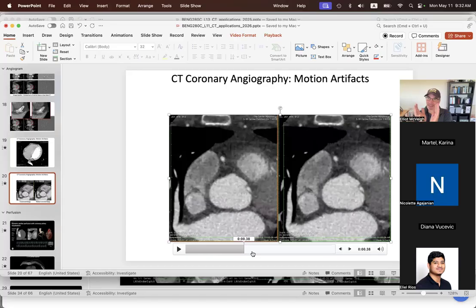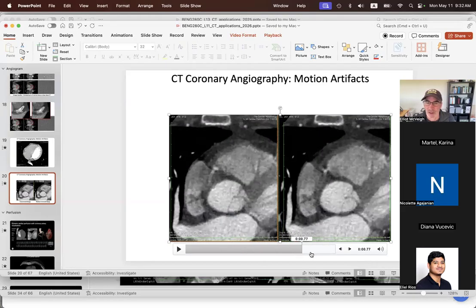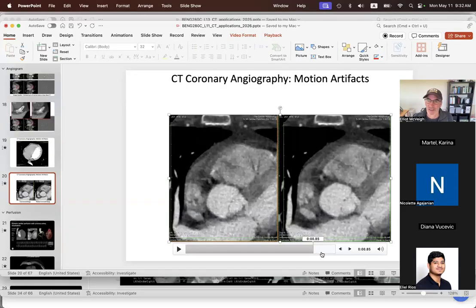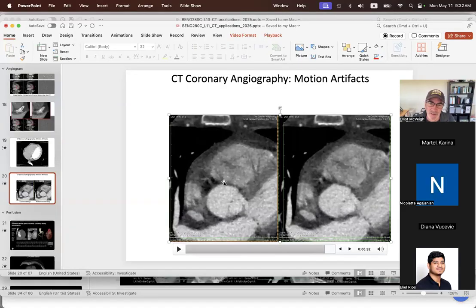It's at end systole, and it holds that position for about 50 to 100 milliseconds. And so you can get a lot of data where the heart is essentially not moving. And then the heart moves back as it fills up, and that vessel disappears because it has moved to different locations over the course of the 150 milliseconds.